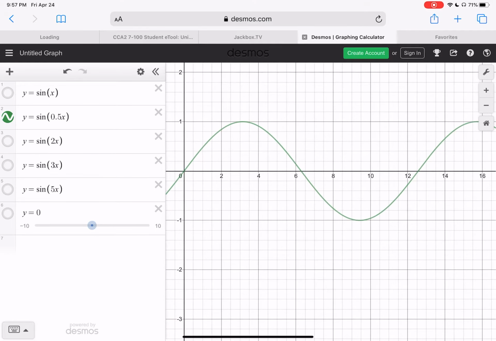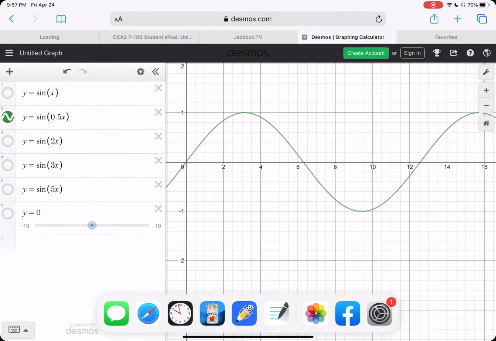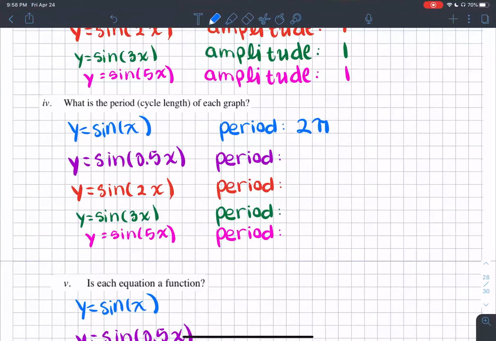We know the period of y equals sine x is 2 pi, so now let's look at y equals sine of 0.5x. It starts here at 0, 0 once again, and it goes all the way up, down, and back up, and it ends at 4 pi, 0. So the period for this graph is 4 pi.